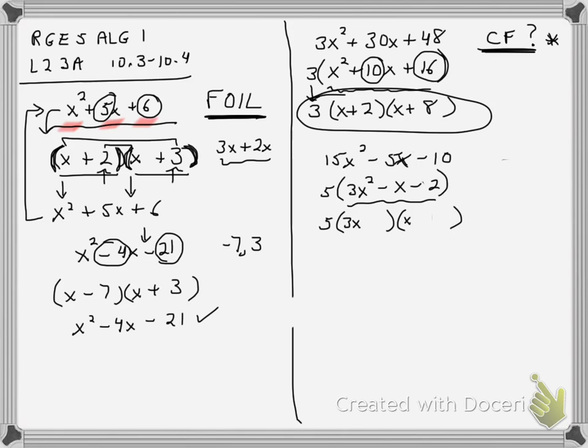I'm looking for two numbers, multiply together to give me 2. That can only be 1 and 2. And now because I have a coefficient in front of my x term, I would have to take that into account. So if I have 1 here, I'd have to have 2 here. That would be 2x and 3x. Can they have a difference of negative 1? Yes, if I made the 2 negative.